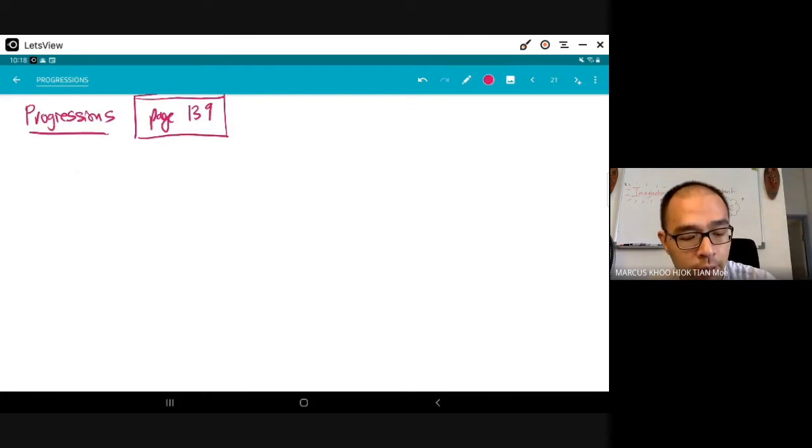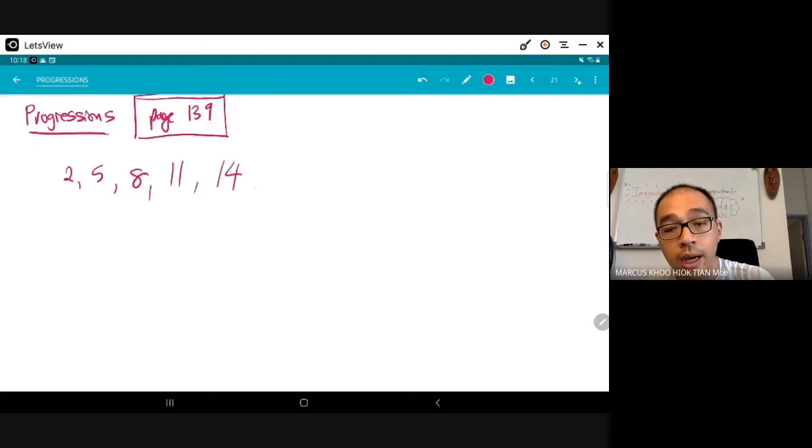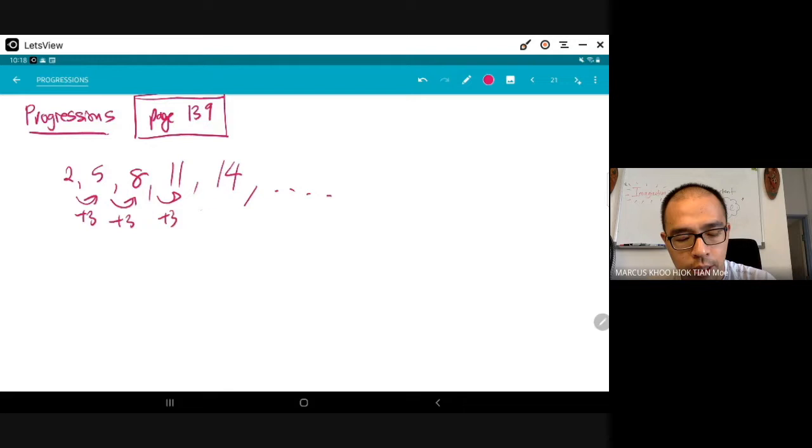So for example, 2, 5, 8, 11, 14, and then you already know what the next number is. This is an arithmetic progression because the pattern remains the same, which is plus 3, plus 3, plus 3, plus 3, whether it is increasing or decreasing.